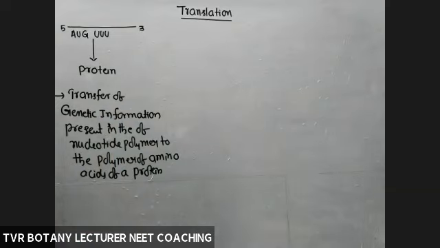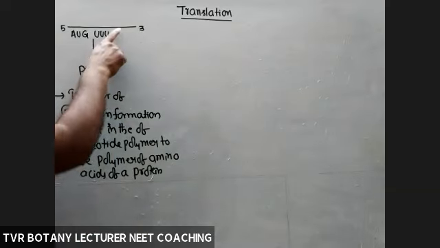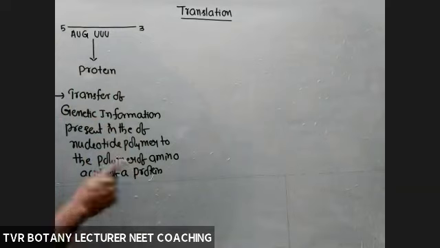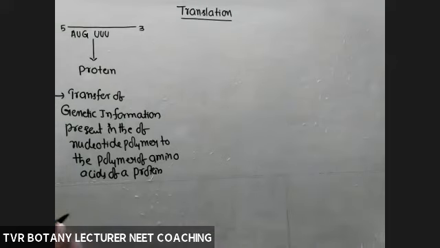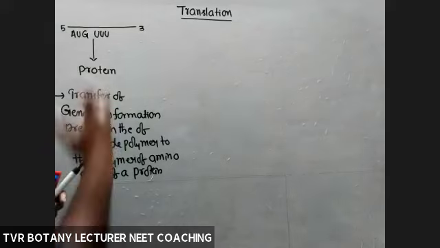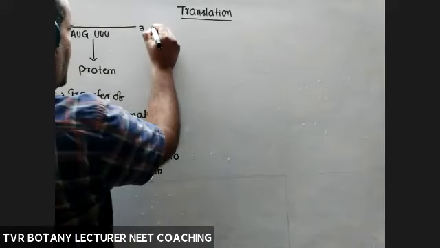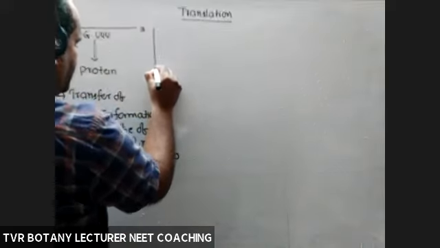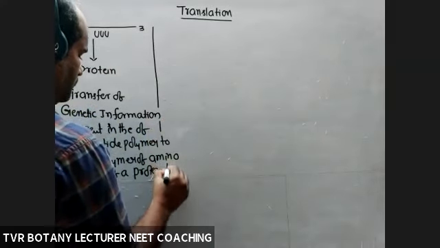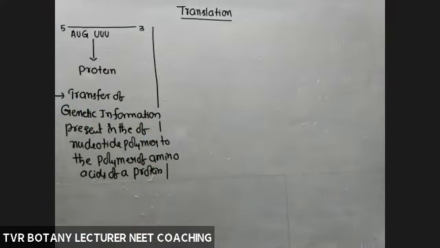So to transfer genetic information from mRNA to protein, biosynthetic machinery is required. For the establishment of a biosynthetic machinery, a certain number of components are required. So for translation, what are the requirements?